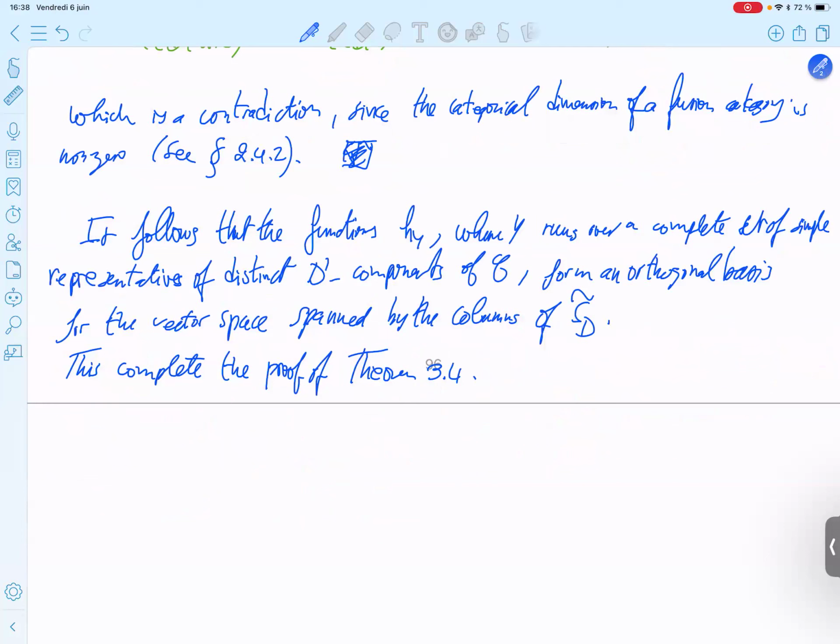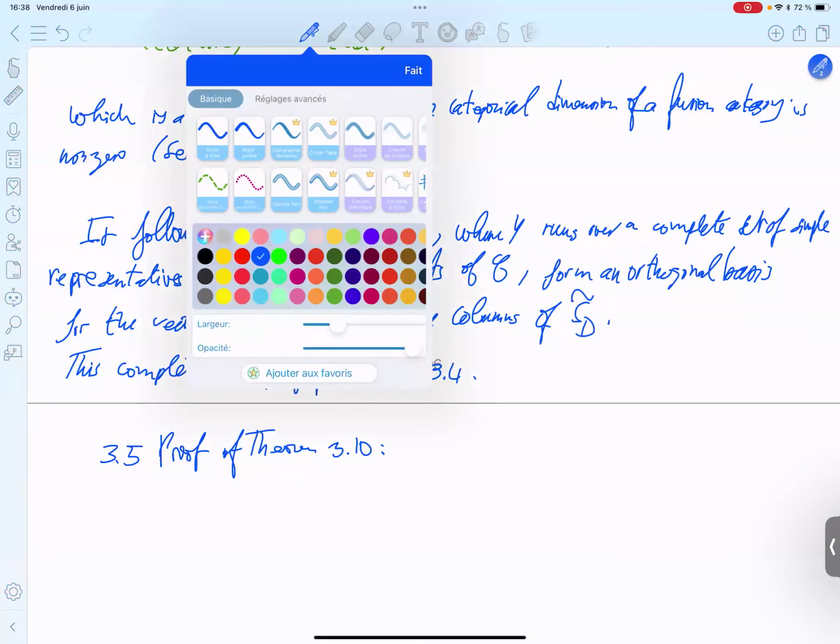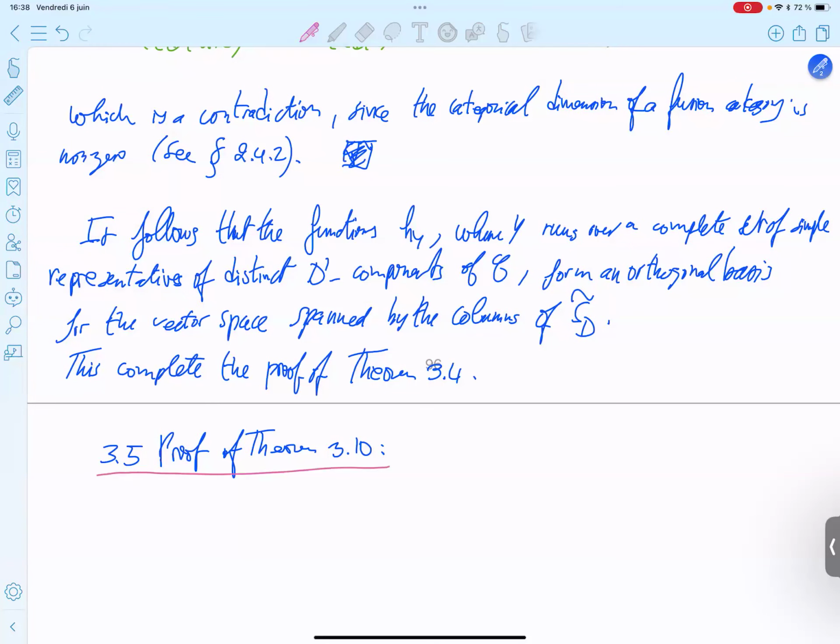So now we can move to the proof of another theorem, the proof we also left. Theorem 3.10. So what is this theorem saying? Let me recall.